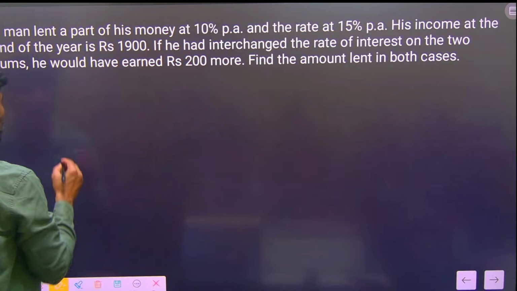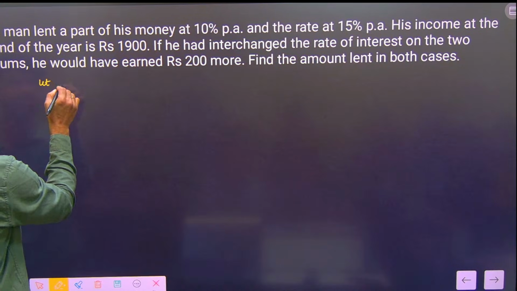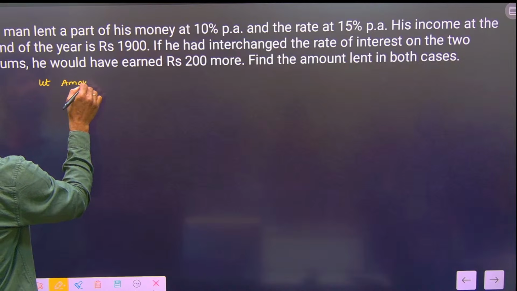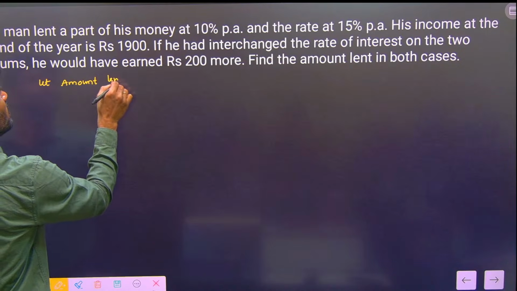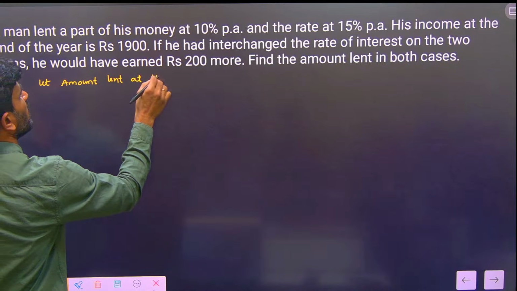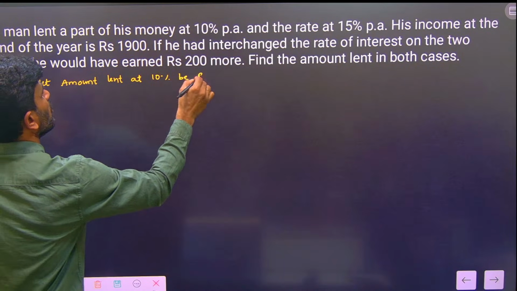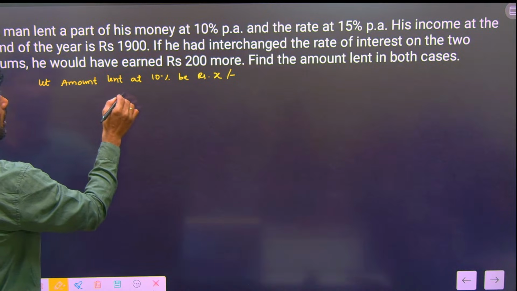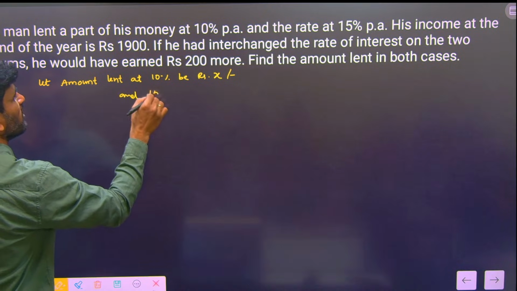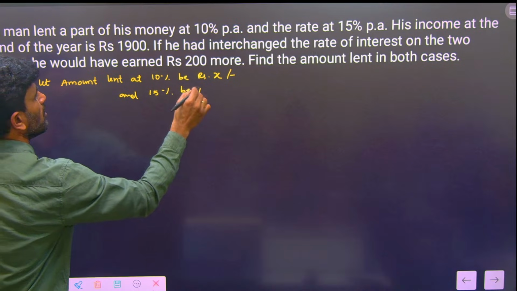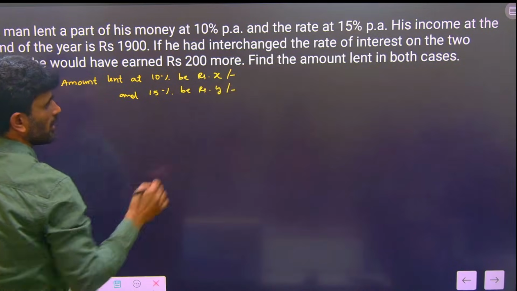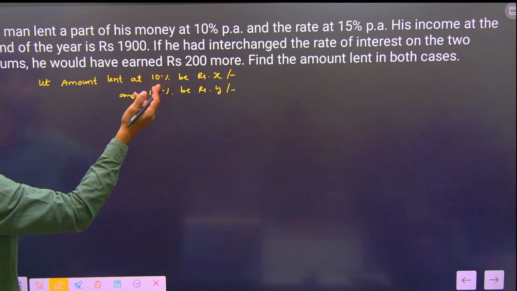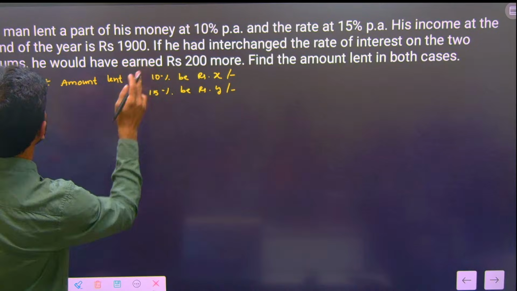So we will first write: let the amount lent at 10% be rupees x and at 15% be rupees y. What is the total interest? It is 1900.